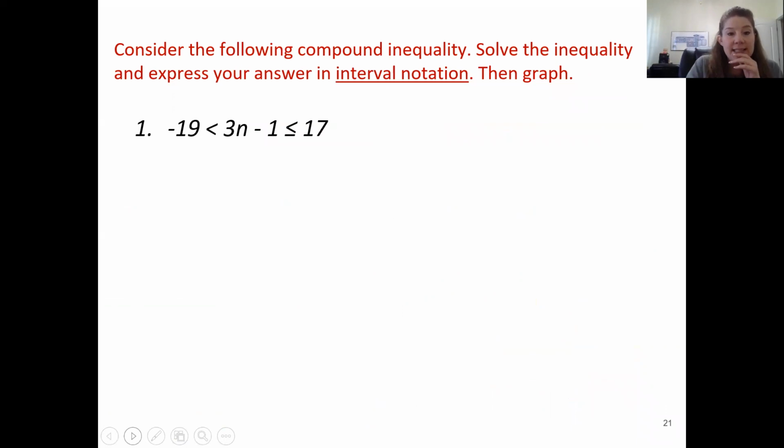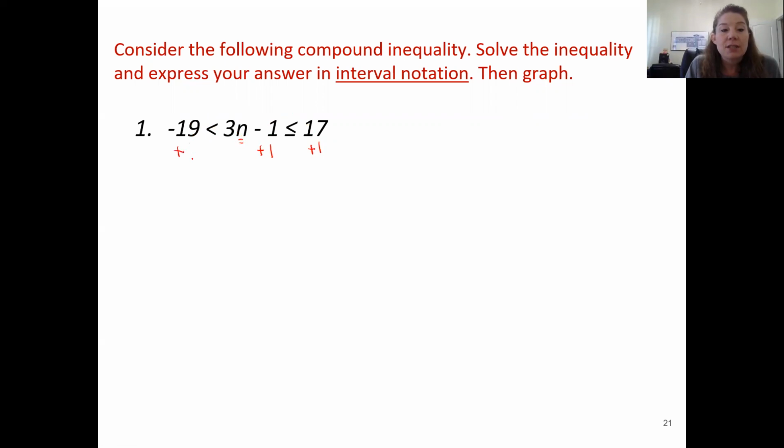So this is, instead of having equal signs everywhere, we have inequality signs, right? So we want this n by itself, just like as if these were equations. You want your n by itself. What's in this middle section? This time there's 3 sections. So the first thing we're going to do is get rid of that -1, and we're going to do that by adding 1 to all 3 sections.